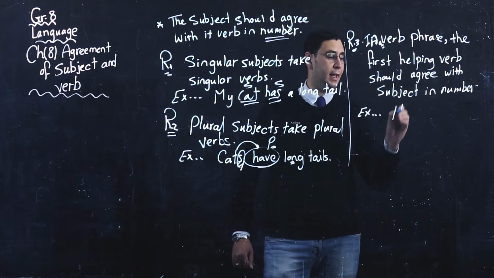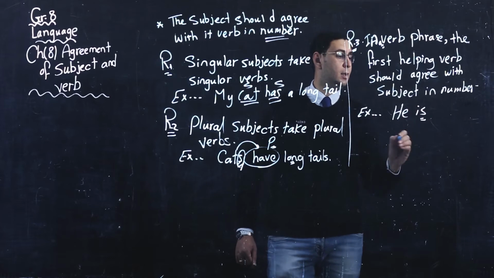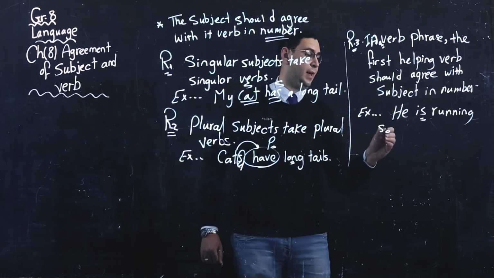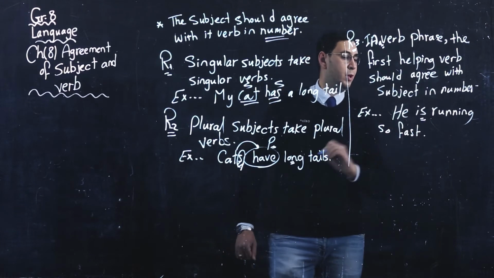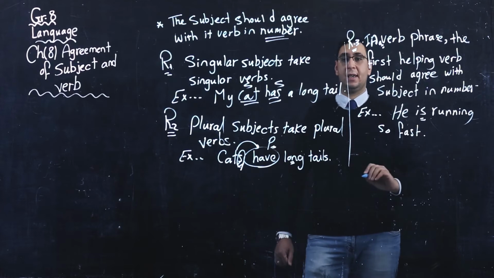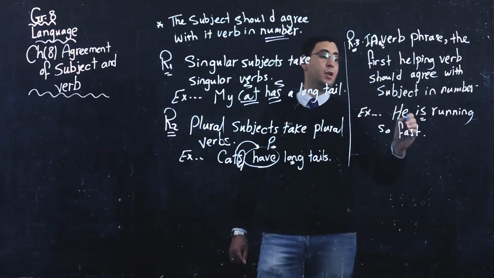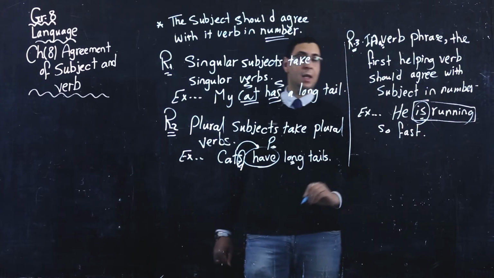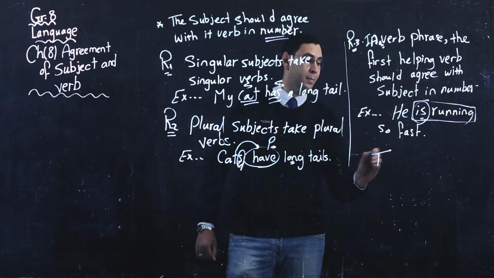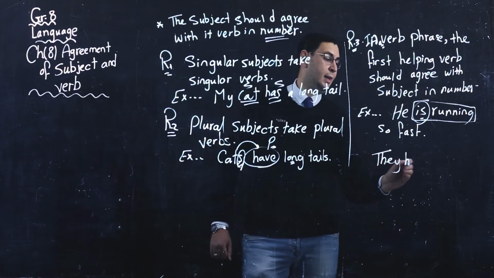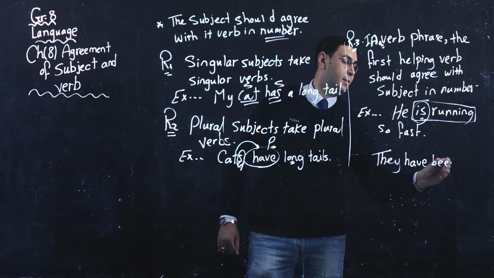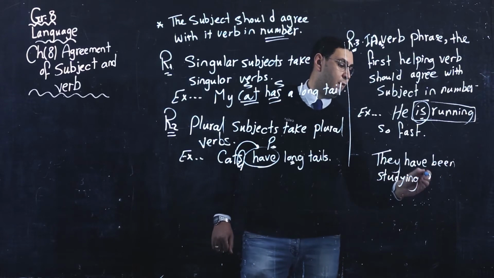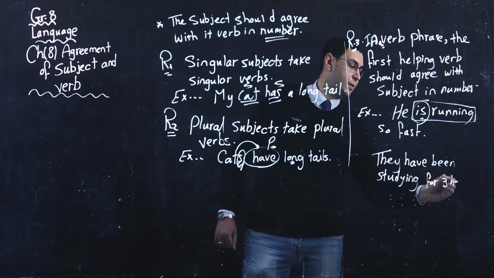We can say that he is running so fast. So here the subject is he, a singular pronoun, and here we have a verb phrase, is running. The first verb only. Another example: they have been studying for 3 hours.